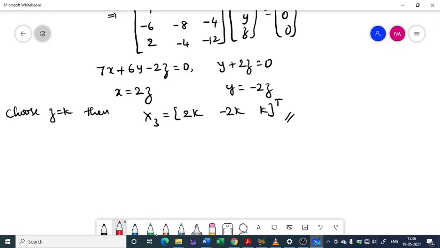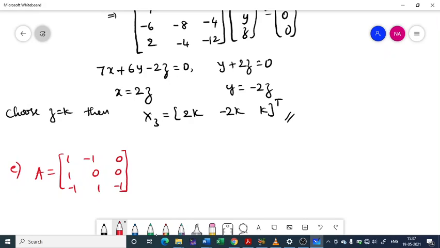So now let us list some problems, take it as exercise and try to solve. I think ABCD, 4 problems we solved. E: the matrix 1, minus 1, 0; 1, 0, 0; and minus 1, 1, minus 1.